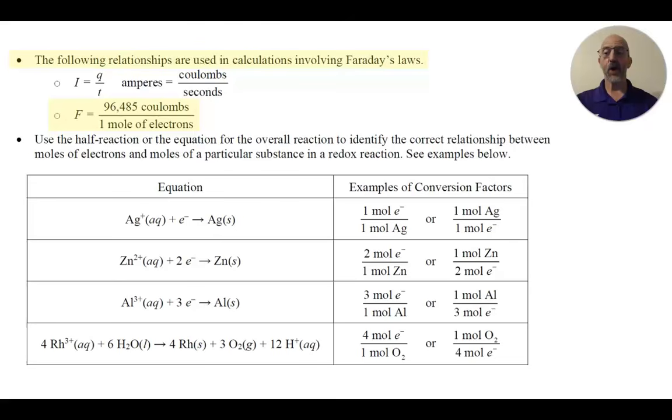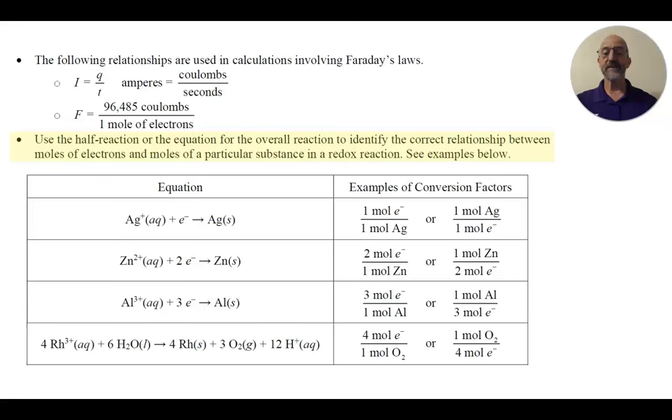And then finally, what about the number of moles of electrons for every 1 mole of a particular substance? You can use the half reaction if you know it, or the equation for the overall reaction to identify the correct relationship between moles of electrons and moles of a particular substance in a redox reaction.